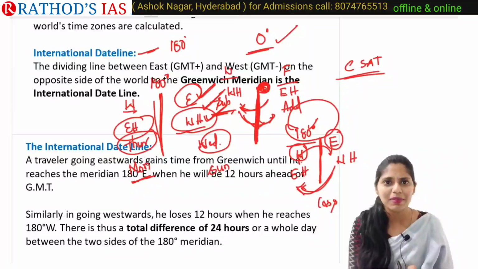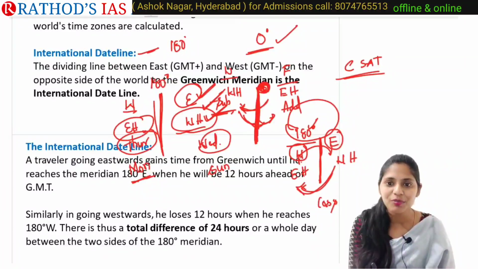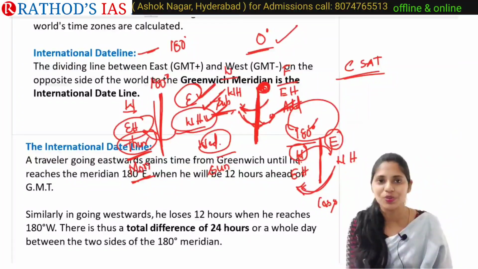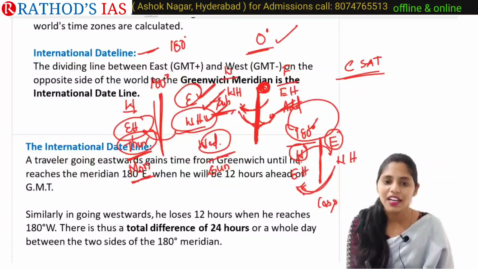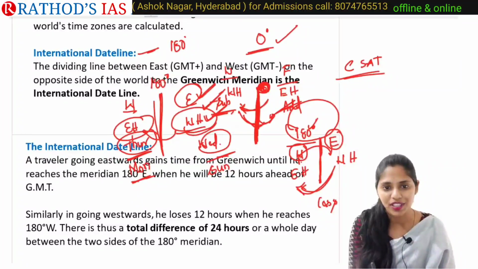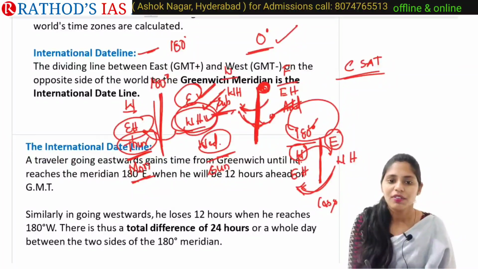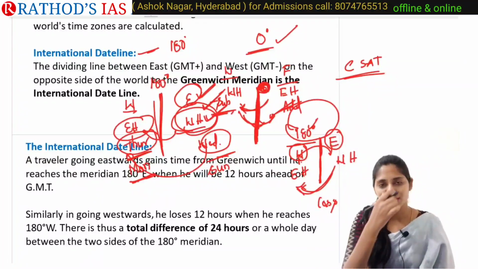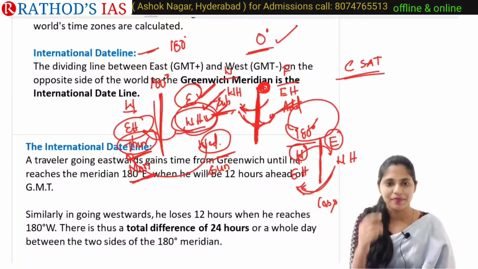The same thing you can apply here. But whenever we are moving from the eastern hemisphere to the western hemisphere, we are going to lose time, right? So if it is Thursday here, it will be the next day, that is Wednesday. And if it is Sunday in the western hemisphere, whenever we move towards the eastern hemisphere, that will be Monday, right? So this is about the concept of the international date line.